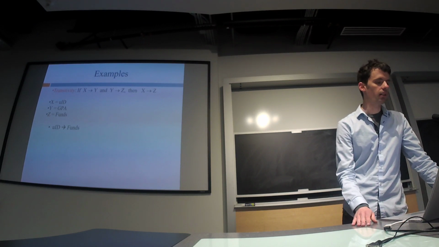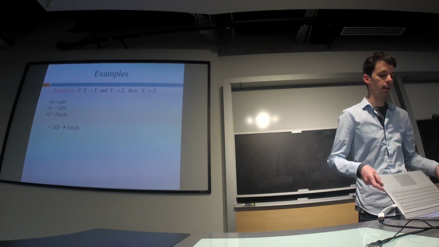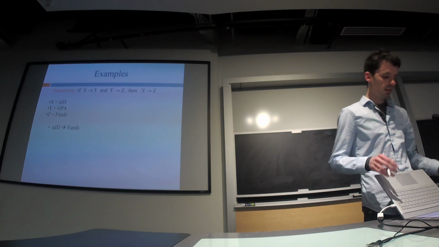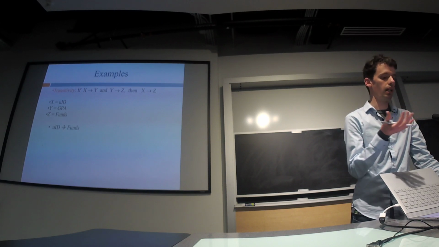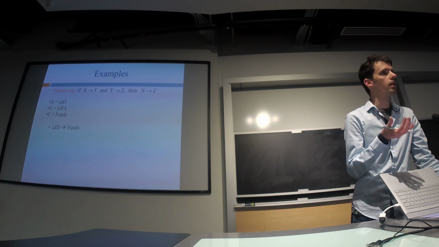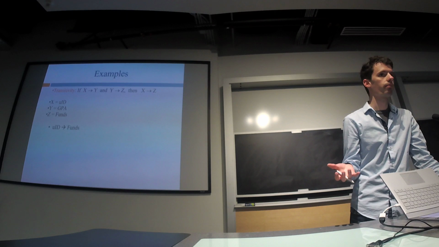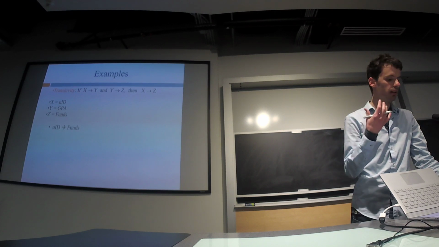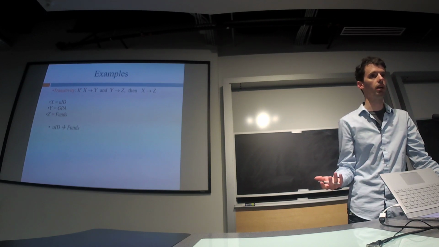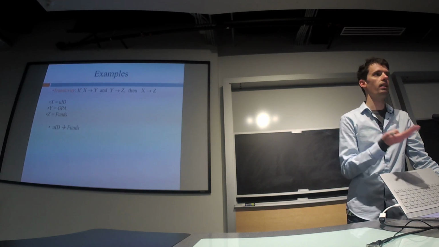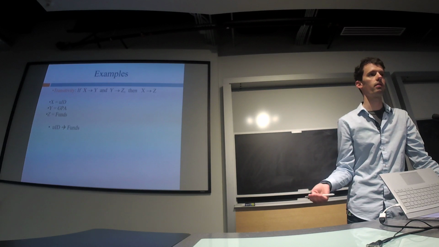And then transitivity. The example we've actually seen of this was there was a functional dependency from GPA to funds, and there's a functional dependency from UID to everything, so UID to GPA. That means that a UID also determines somebody's funds.